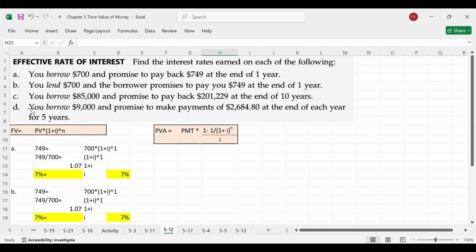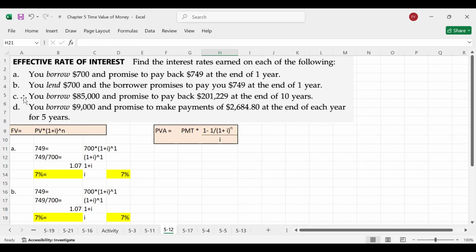So next is: you borrow 9,000 and promise to make a payment of 2684 at the end of each year, for 5 years, which means that here PMT is also given, whereas in the first three examples, no PMT is given.